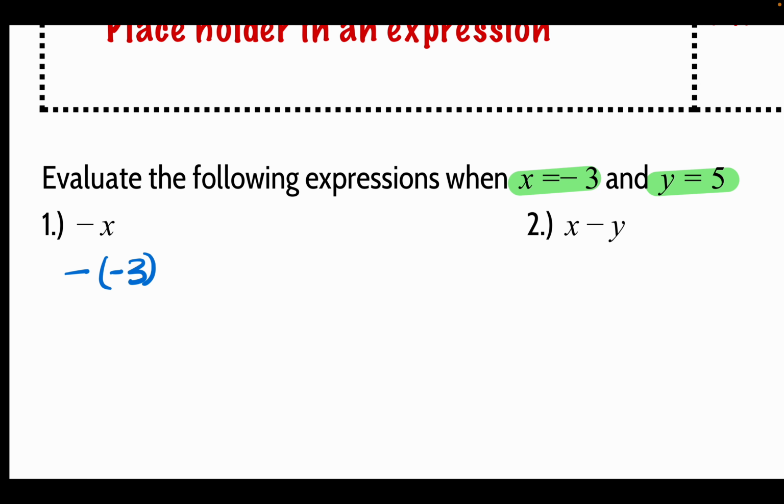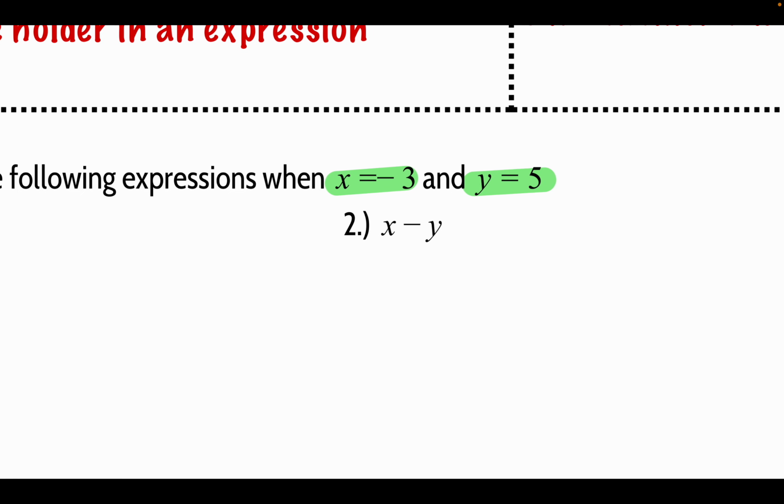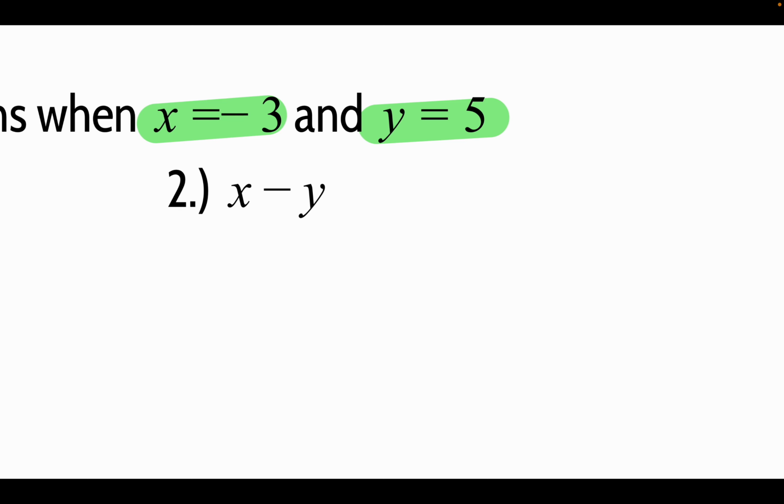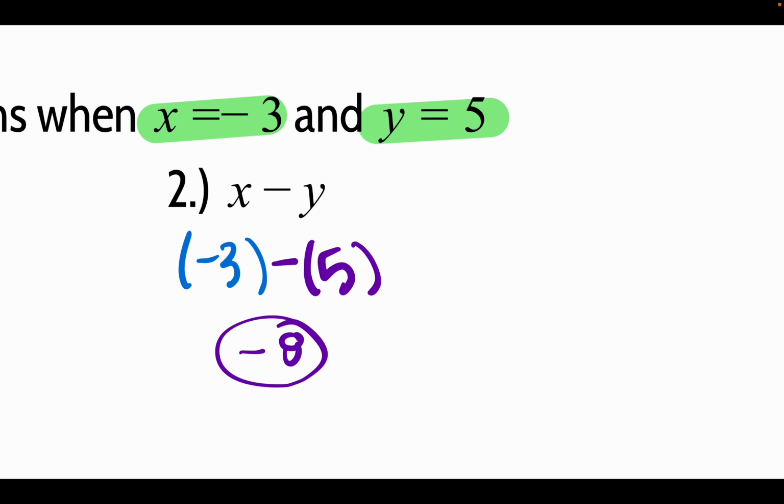So two negatives make positive, so this is just a +3. Number 2, again, we're substituting in, so we have -3 in parentheses, and then -5. So -3 minus 5, that is -8.